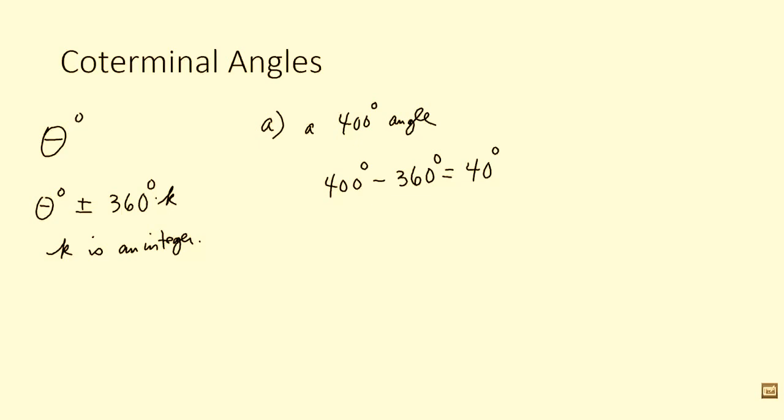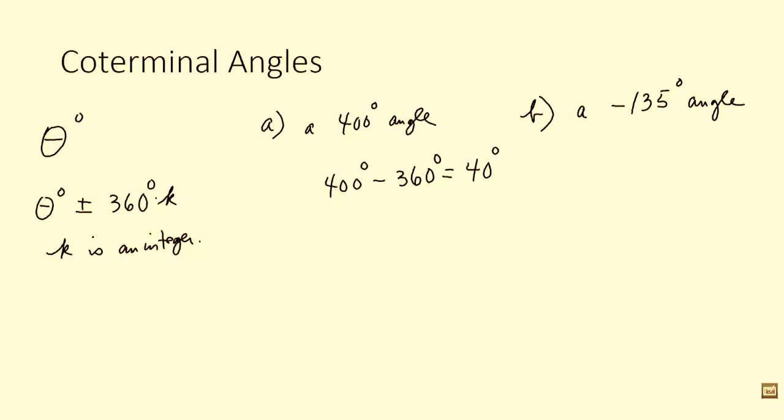Let's do another example. Let's find an angle that is coterminal with an angle that measures a negative 135 degrees. We want that coterminal angle to be positive and less than 360 degrees.